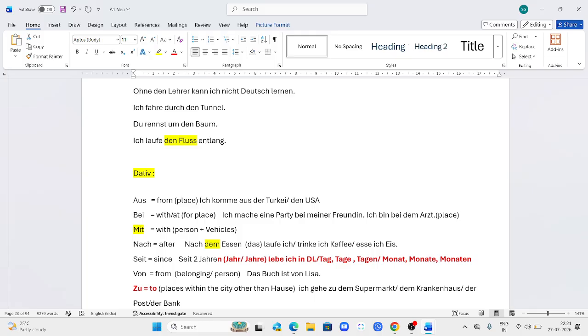The next one is mit. Mit is with, which is used for persons and vehicles. Like you saw in the previous examples, I am going with my father. Ich gehe in den Park mit meinem Vater.